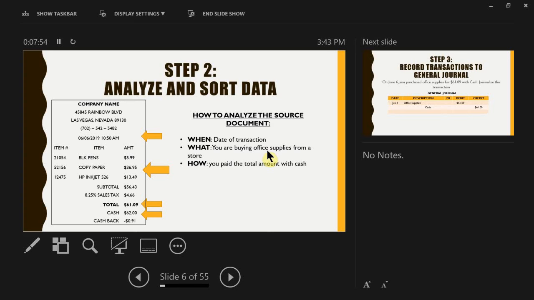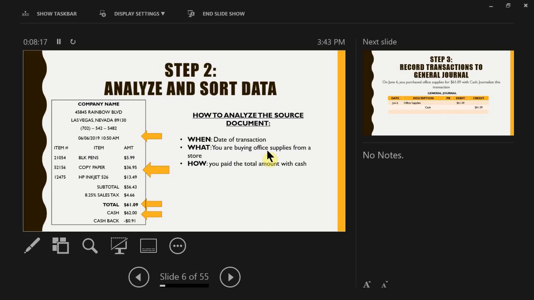The how is, how did you pay for it, right? I paid for it with cash. Okay? How much was my office supplies? It was $61.09.